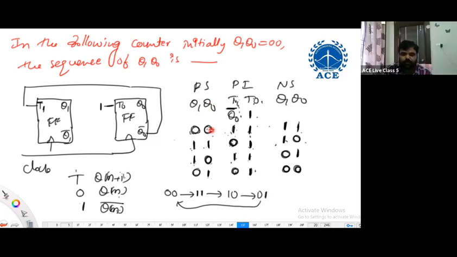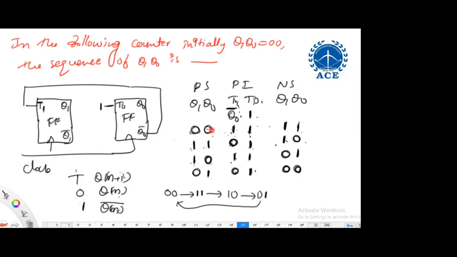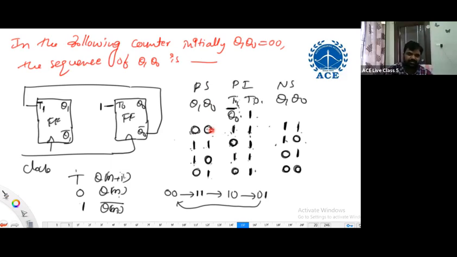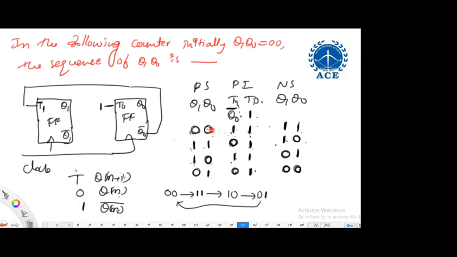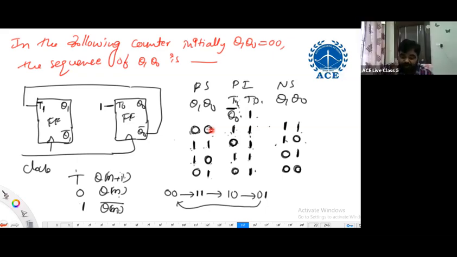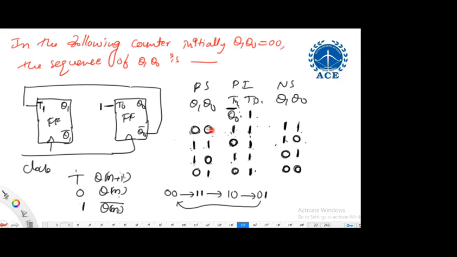Yes, sir. When we know the present state and present input, can't we say what is the next state? Characteristics. We get the next state because of present state and present input. Because of present input only, no, sir? We just get the next state.